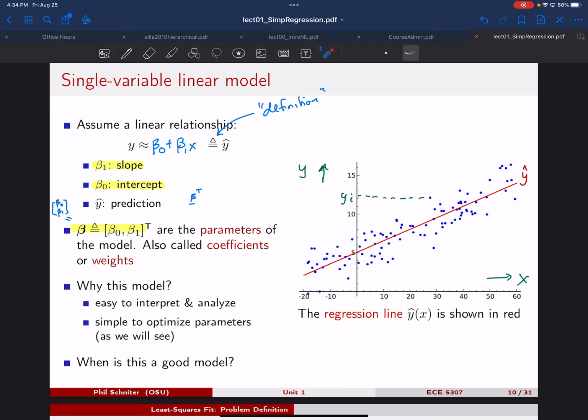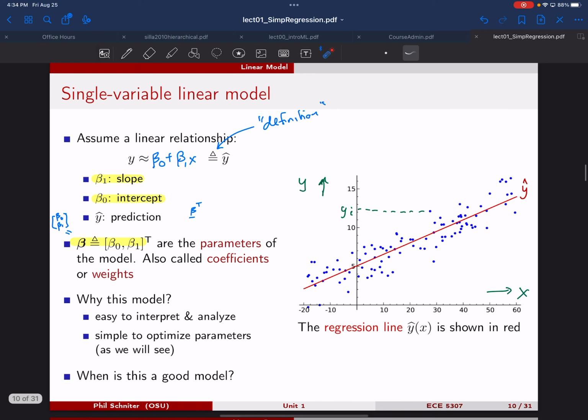A little bit later on, we're going to come up with much more quantitative, explicit definitions of when it is good or not. We'll come up with a single number that tells us how good or bad of a fit it is. So we'll be more specific. Any other questions on this slide? A bunch of important things here.